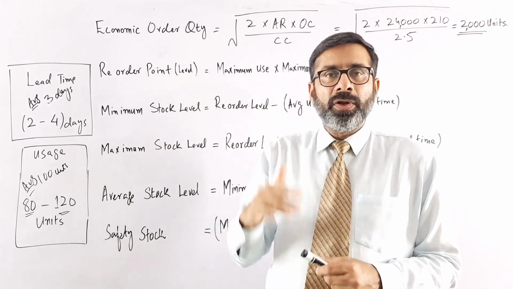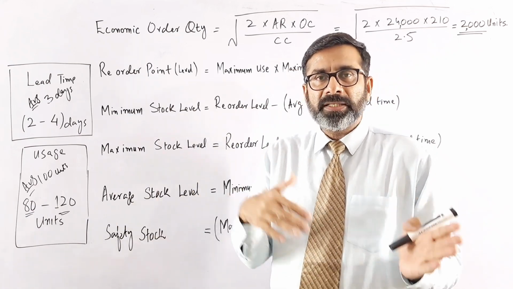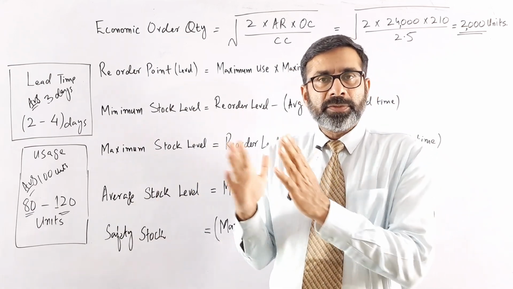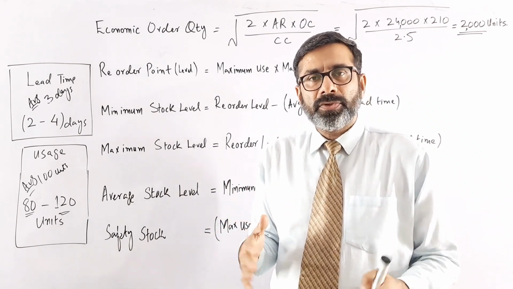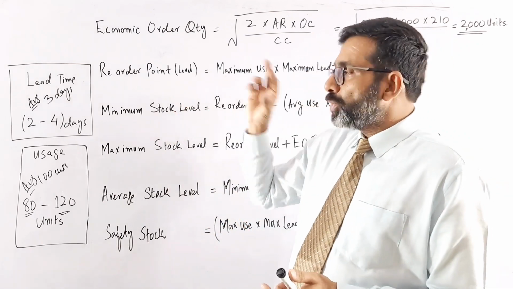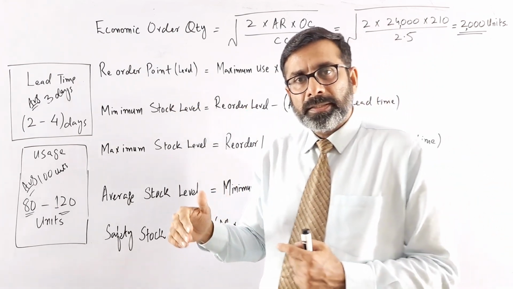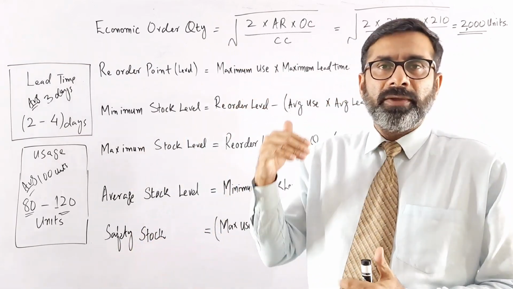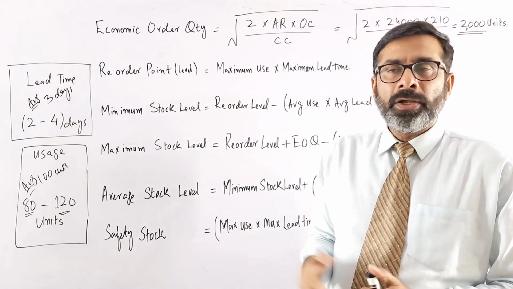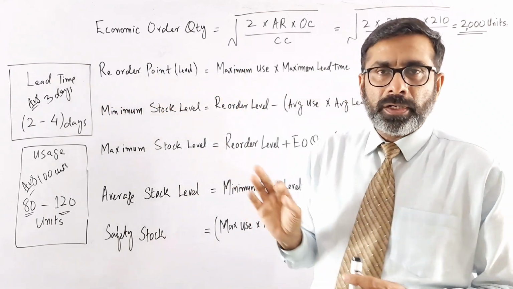The inventory level is increasing and decreasing, sometimes with more usage, sometimes less usage, sometimes the lead time is more, sometimes less. So things are changing, but there should be some level where, if the inventory reaches that point, they should place a new order. This is the concept of the reorder level or reorder point.